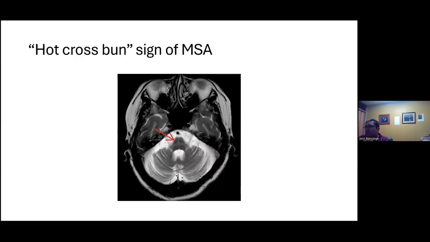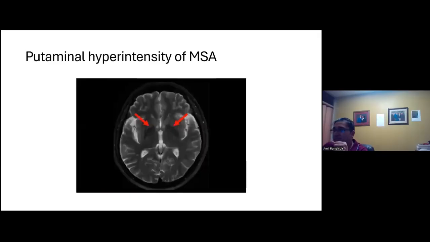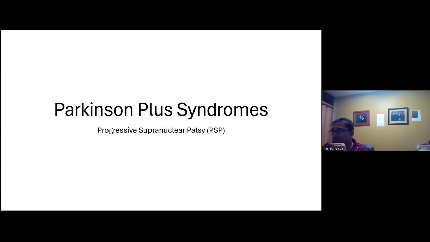So that's called the hot cross bun sign, and it is quite sensitive for multi-system atrophy. Not completely specific, but quite sensitive. Sometimes as well, on the T2 image, you could see putamen hyperintensity, right? So you have hyperintense lesions correlating to where the putamen is.